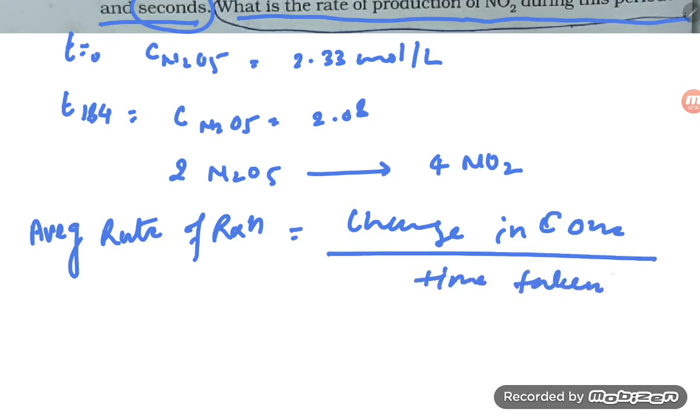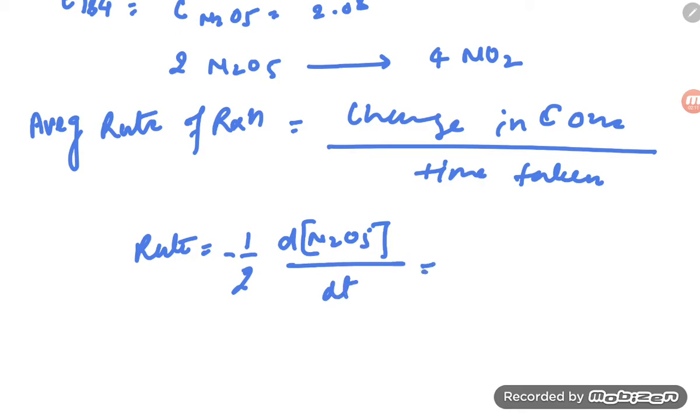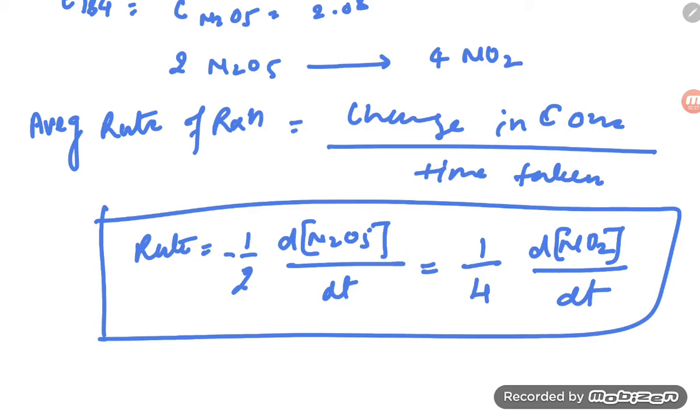So how to solve, student? Rate is equal to, using the coefficients of the equation, 1 by 2 for the reactant with minus sign, minus dN2O5 upon dt, is equal to 1 by 4 dNO2 by dt. We have to apply this because they are asking the rate of formation of NO2.